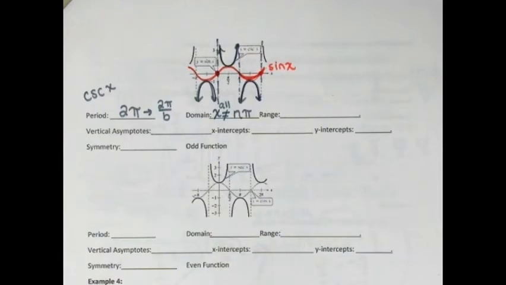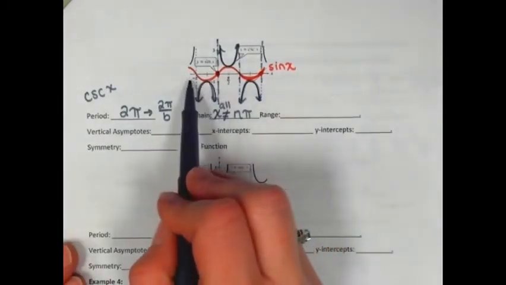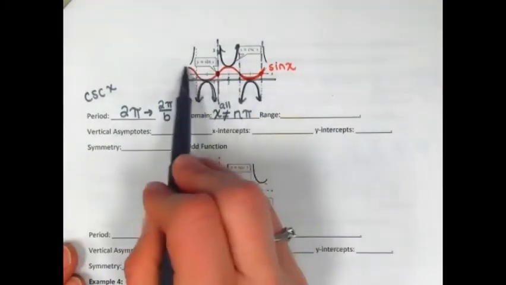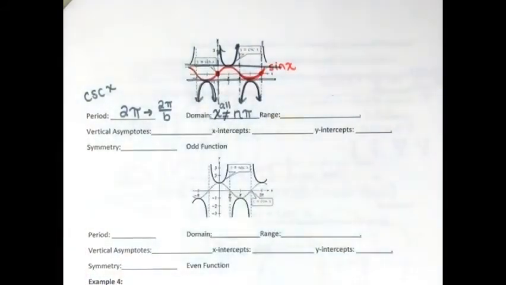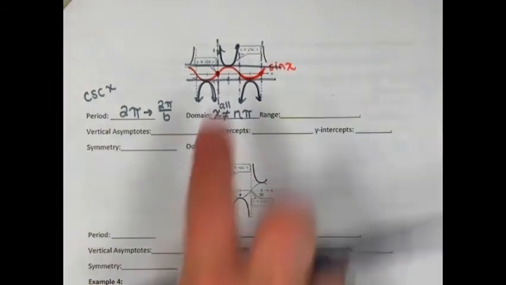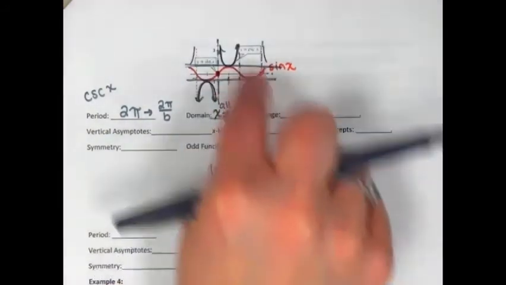Look at my cosecant graphs. Do we include every number on the y-axis? No. What numbers don't we include? We don't include the ones between our maximum and minimum. Our cosecant is always above or below my sine curve.